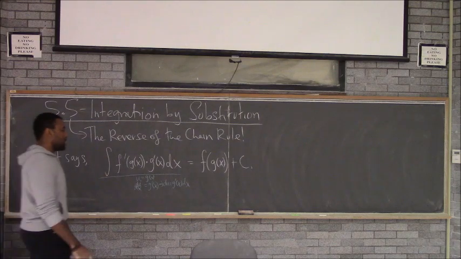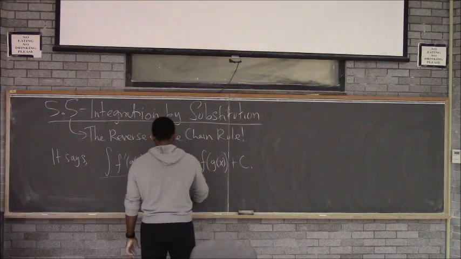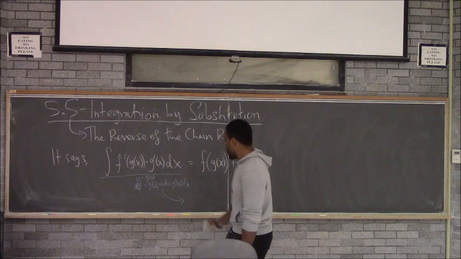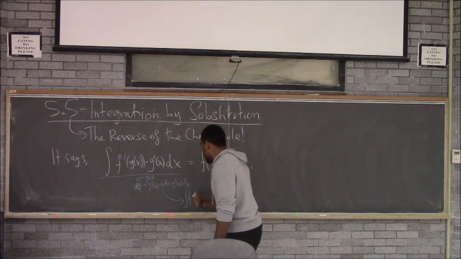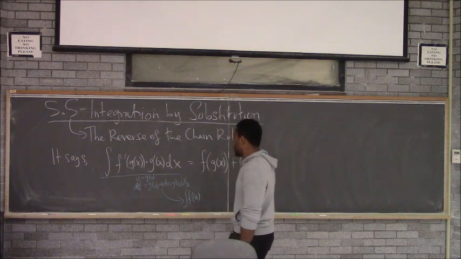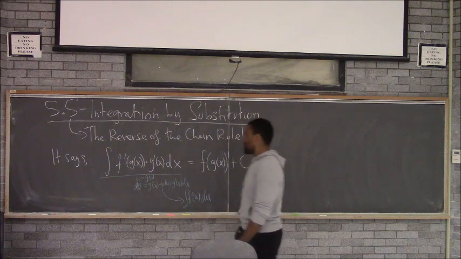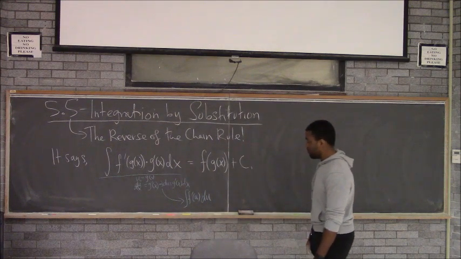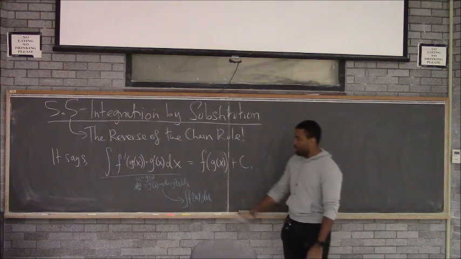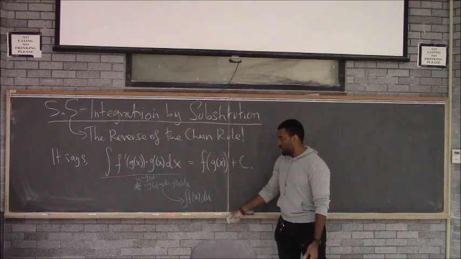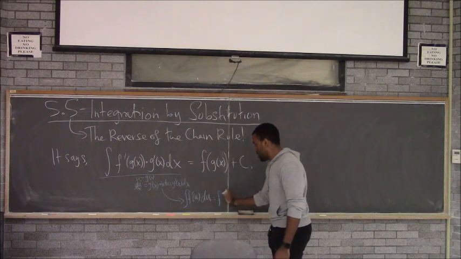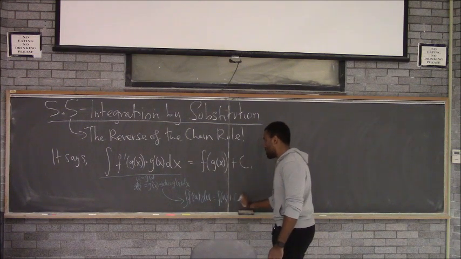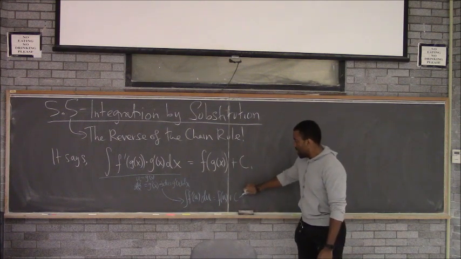And so this integral now transforms into the integral of f prime of u du. And by the second fundamental theorem of calculus, I know that the integral of a derivative is just the original function. That is going to be f of u, of course, plus a constant. And that's this side.